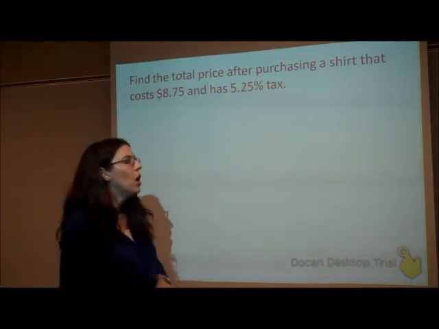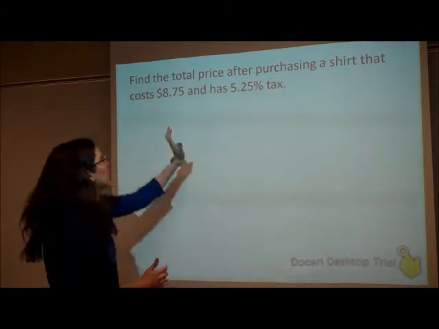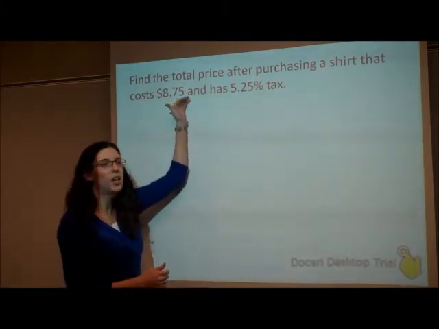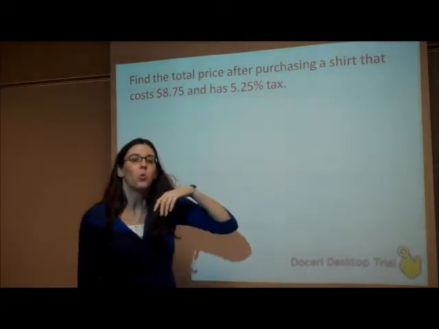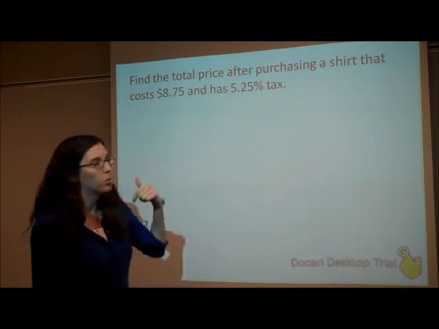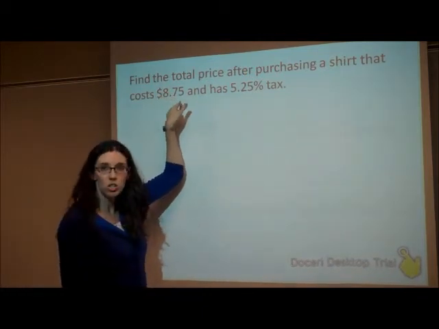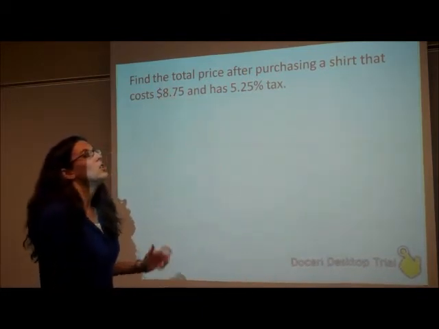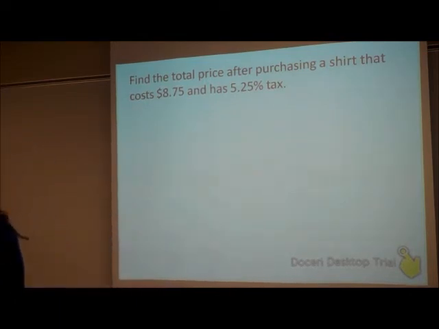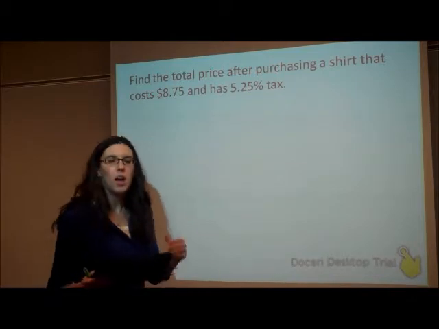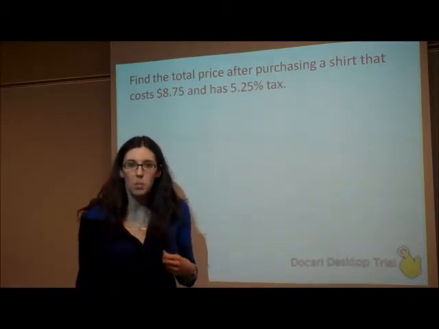So what will happen is that the shirt will cost this much, then we add on this percent. Okay, we want to add on 5.25% of this price onto that to pay. So what we need to do, this is going to be a two-step problem. First, we need to find out how much tax we are paying.